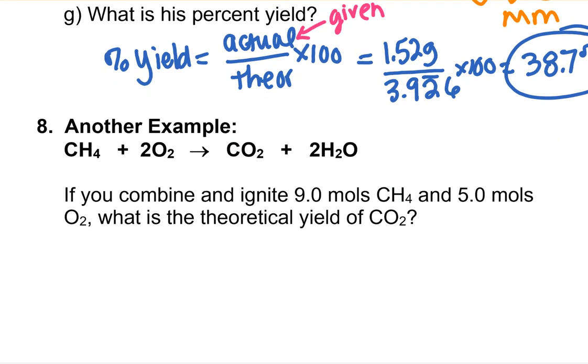You take your balanced chemical equation. I have 9 moles of this and 5 moles of O2, and I'm asked for the theoretical yield of CO2. So you take each reactant and predict how much product it could make.